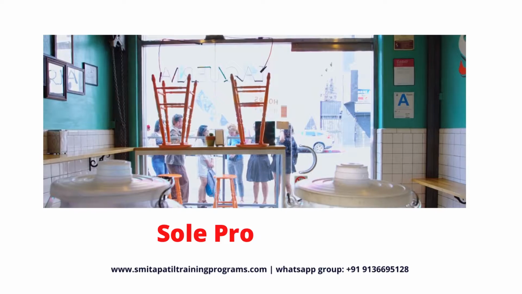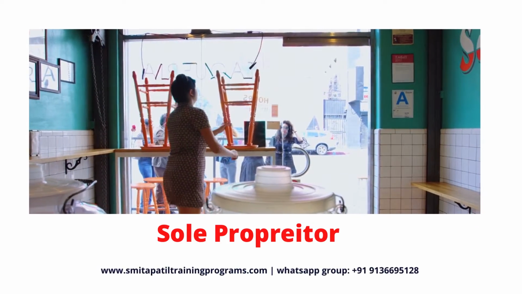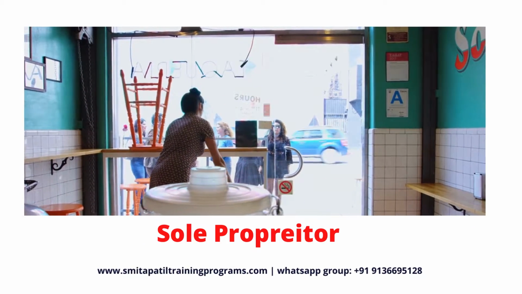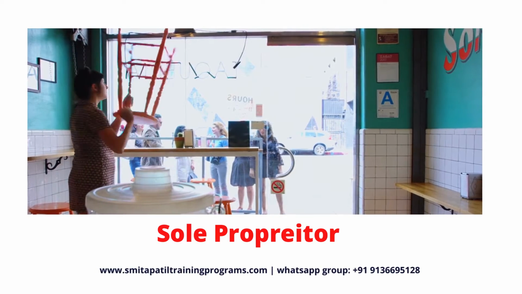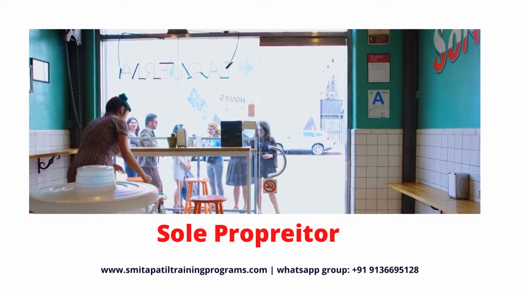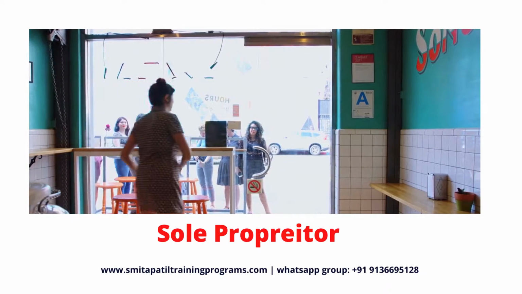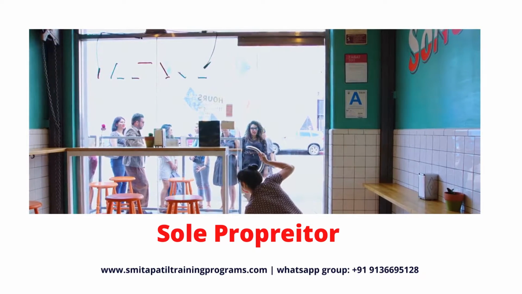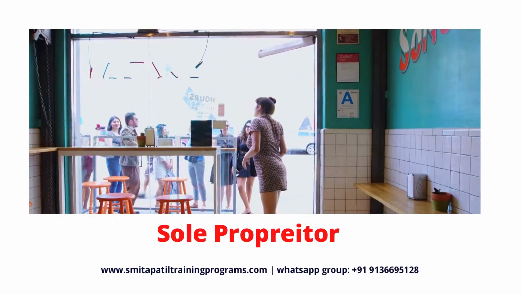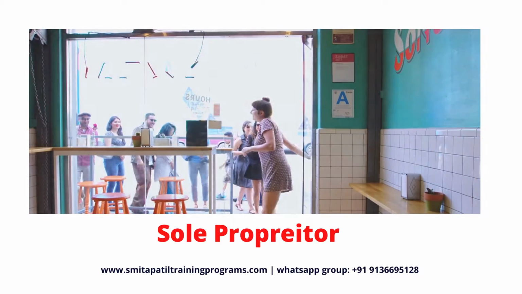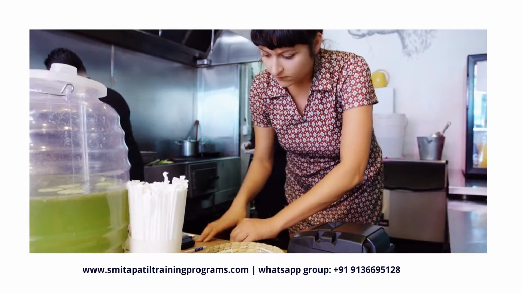The first type we're going to discuss is a sole proprietorship, also known as a sole trader. This is owned by one person and operates for their benefit. The owner operates the business alone and may hire employees. A sole proprietor has unlimited liability for all obligations incurred by the business, whether from operating costs or judgment against the business.